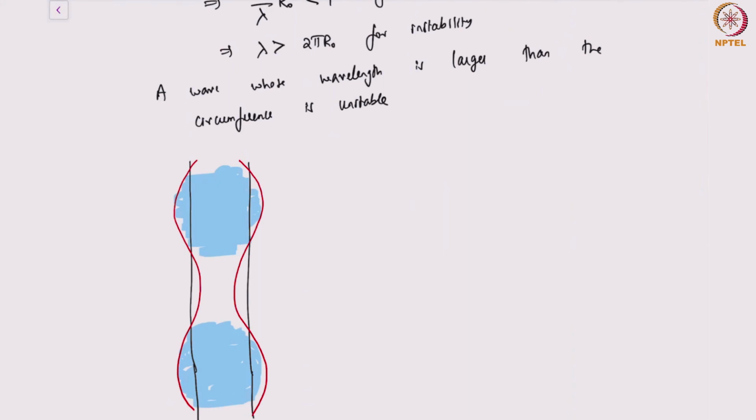Okay, so we can make a guess that this wavelength, lambda, will be given by the wavelength of the perturbation that you have imposed.